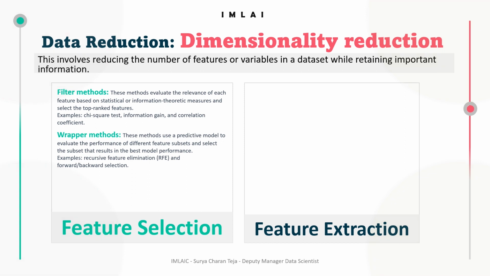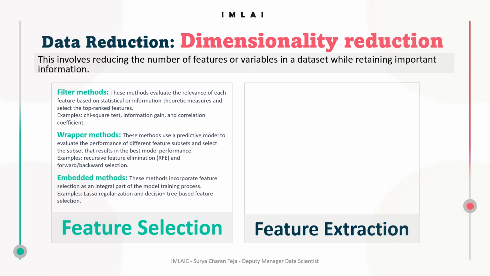Examples include recursive feature elimination, which we call the RFE method in data science, and forward or backward selection.